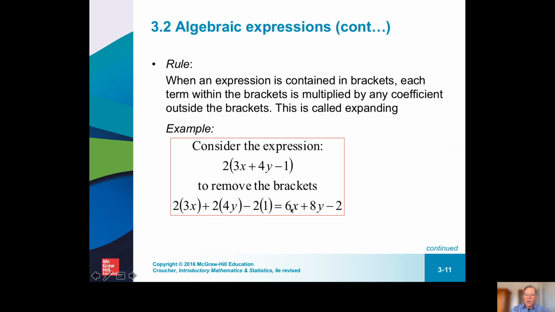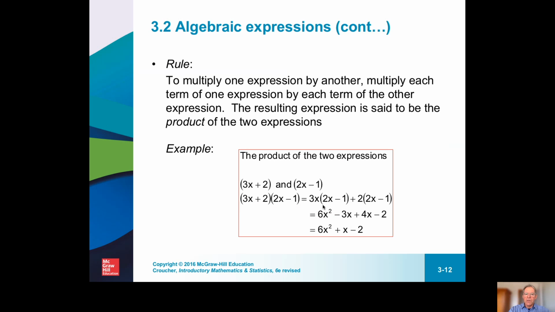So multiplying that out, we get 6x plus 8y minus 2. So we've removed the brackets. And so hopefully that's a technique to help us move on and solve questions from time to time. Rearranging formulas, expanding brackets, all that sort of thing is an important mathematical tool.